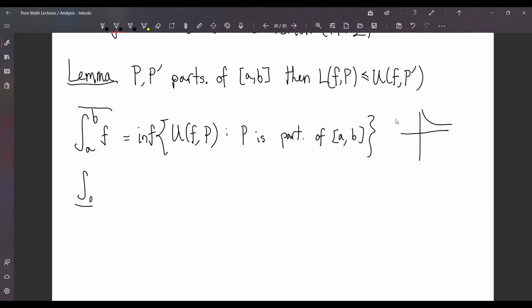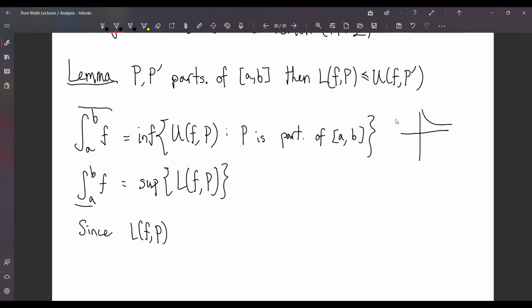Similarly, we're going to define the lower integral as the supremum of the lower sums, where again, P is a partition. And so by our lemma, since L of f,P is always less than or equal to U of f,P prime, this is saying that every element in this set is less than or equal to every element in this set.